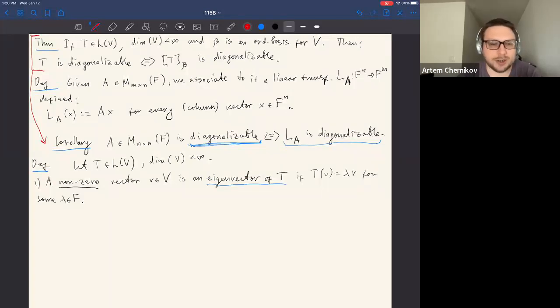So let's go back to our definition. We defined an eigenvector, right?